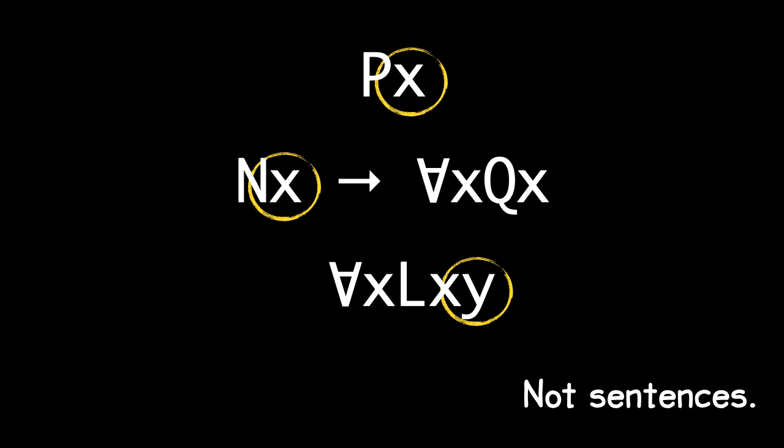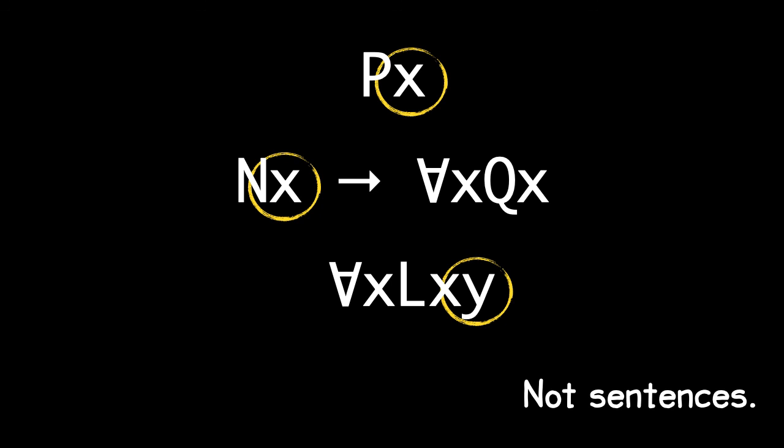We saw earlier that Px isn't a complete thought. It doesn't say whether x is everything or something. Now we can say, technically, that Px isn't a sentence because the x in Px is a free variable. If you look at the second example, Nx arrow for all x Qx, the first x in Nx is a free variable, and so it's not a sentence.